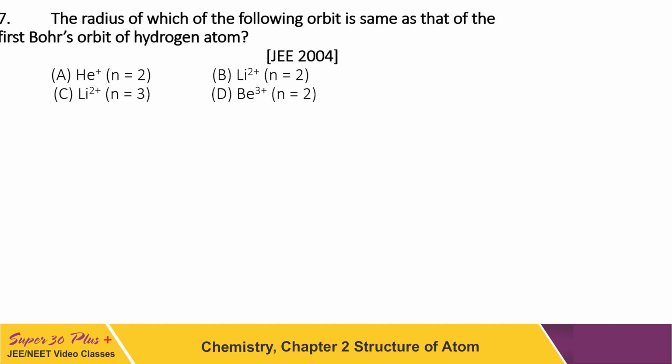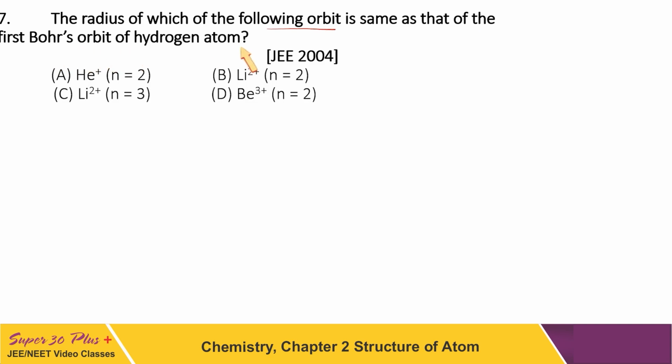Now another question. This question was there in the IIT JEE entrance examination 2004. The radius of which of the following orbits is exactly the same as that of the first Bohr orbit of hydrogen atom? What does it mean?